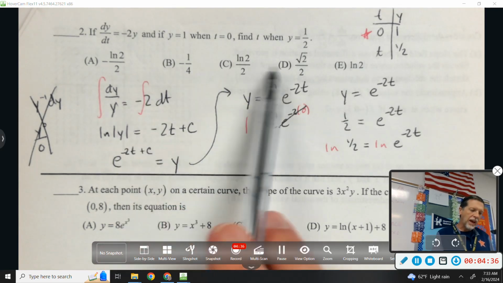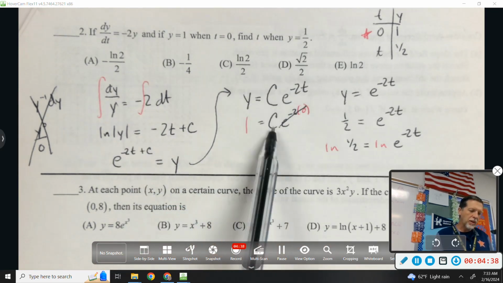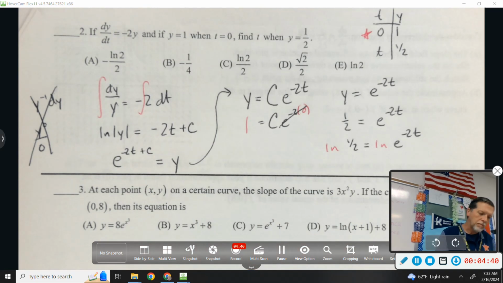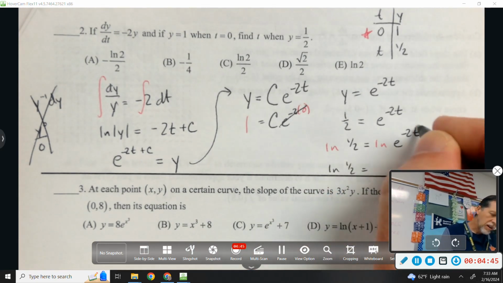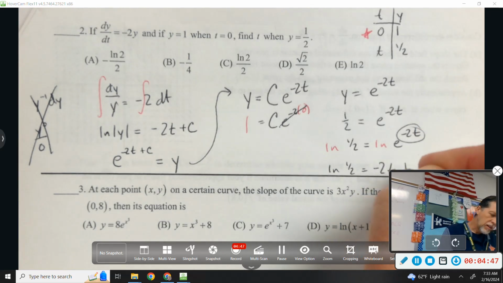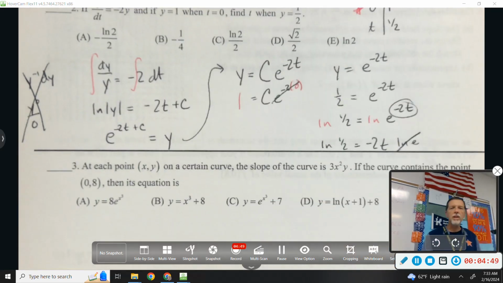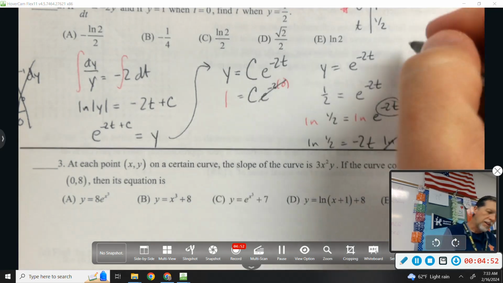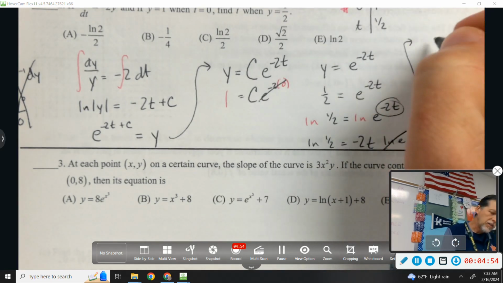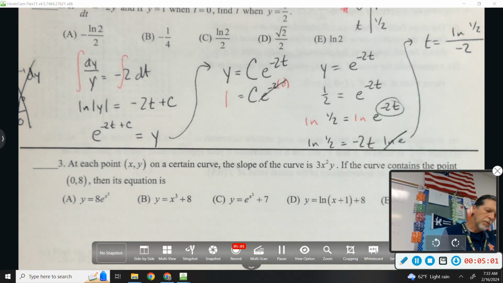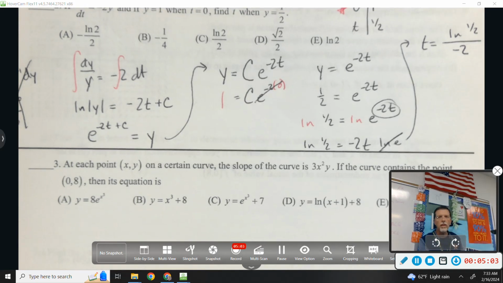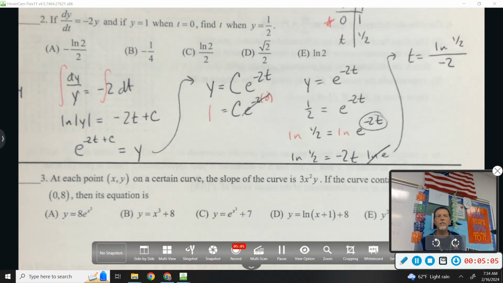I'm starting to peek ahead. I don't see any natural log 1/2s, but I do see some natural log 2s, so I'm thinking I'm in the ballpark here. Natural log of e is 1. And then if I divide by negative 2, natural log of 1/2 divided by negative 2. Now, does that match any of my answers?